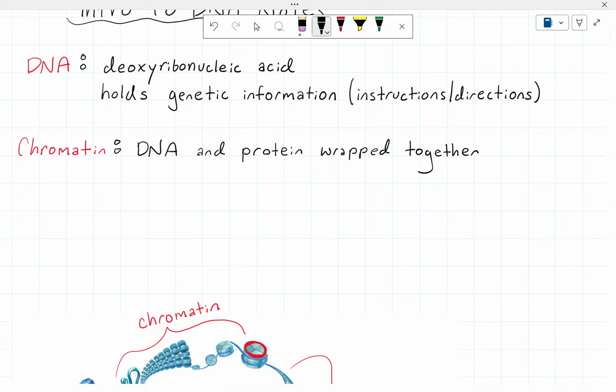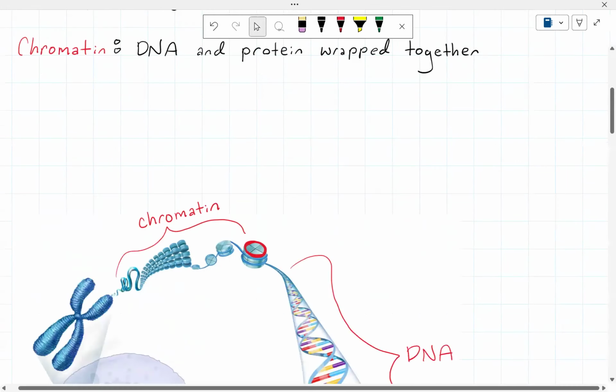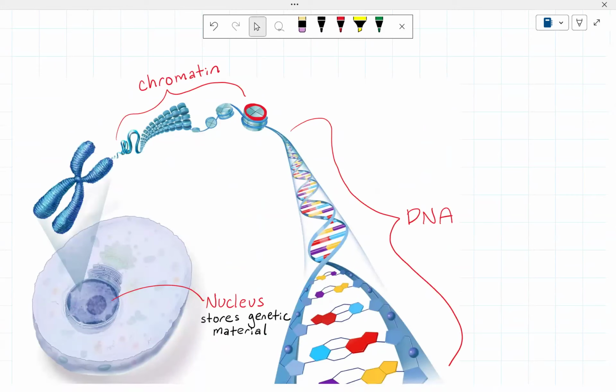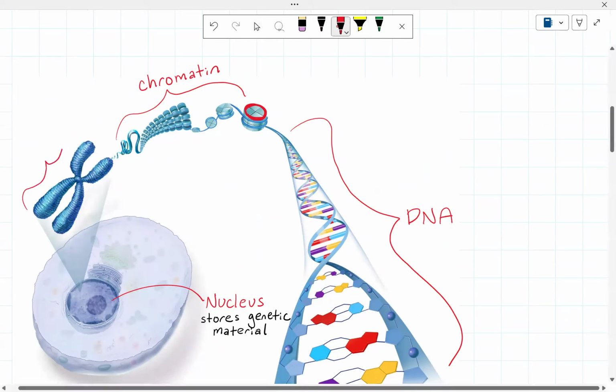We wrap the DNA around the protein in order to have a better organization of that DNA. All of that chromatin starts going closer and closer together until it finally condenses down into this thing right here that we call a chromosome.